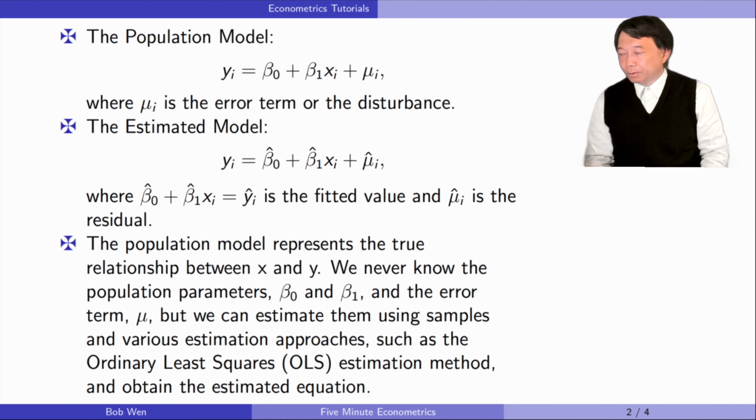In econometrics, the criterion is whether the estimators are unbiased or consistent estimators for the population parameters.